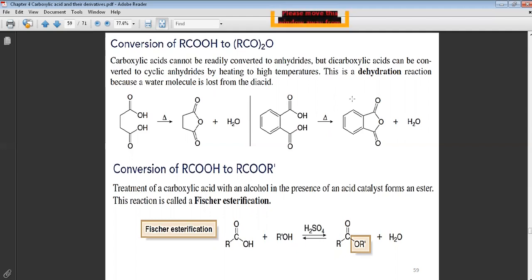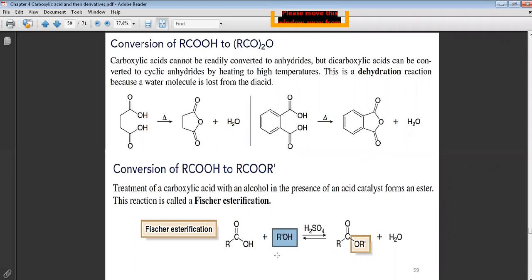Okay. Now, conversion of the carboxylic acid to the ester. Of course, we took this reaction before. I told you, it is the esterification. That means if you have a carboxylic acid and you have an alcohol. Look, alcohol is a neutral nucleophile, that means we need a catalyst, where our catalyst is almost always an acid or proton acid, H plus.